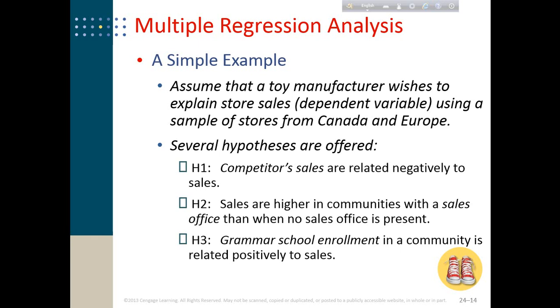It will get a value of 1 if it represents a store where a sales office is present in that locality, and it will be 0 when it represents a store where a sales office in that locality is not there. And third is grammar school enrollment. They are hypothesizing that if the number of grammar school enrollments is higher, that will increase their sales.